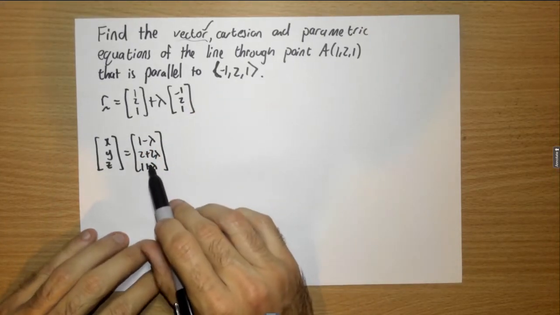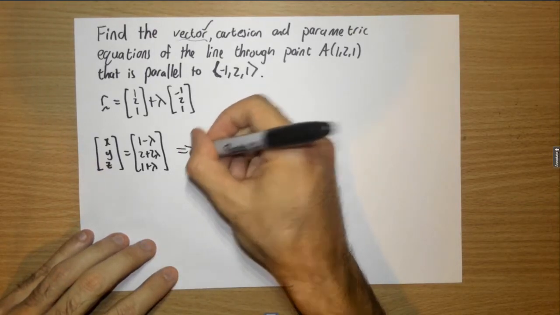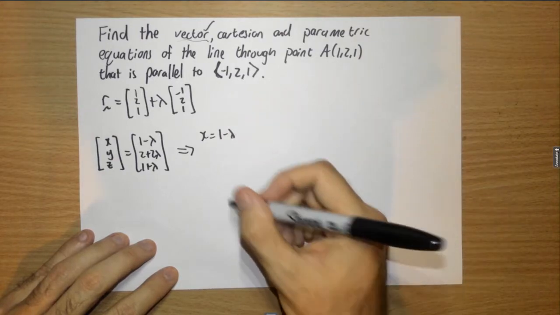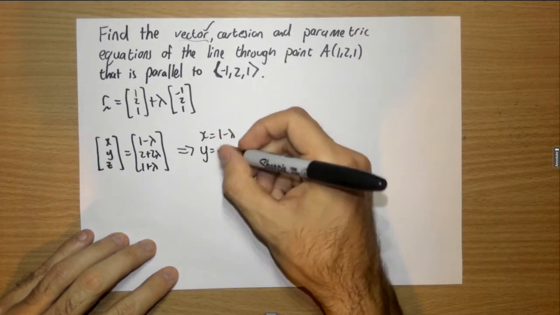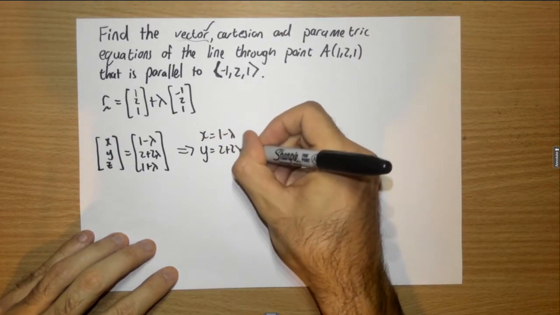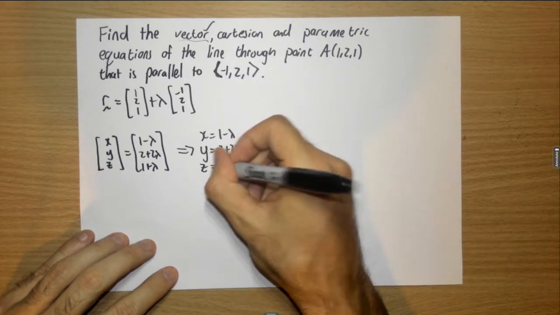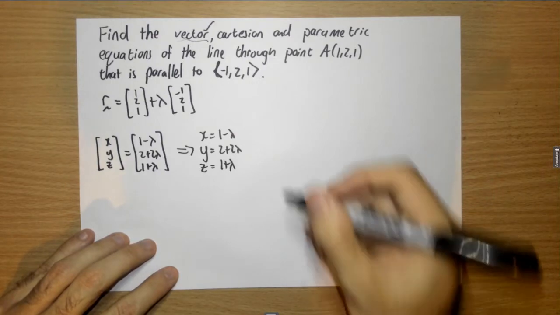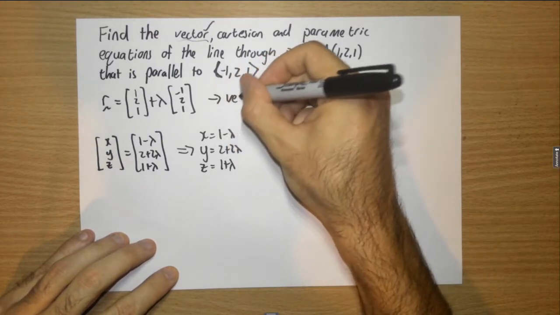From here we can get our parametric equations of x equals 1 minus lambda, our y value is going to be 2 plus 2 lambda, and our z value is going to be 1 plus lambda again. So this is my vector equation.